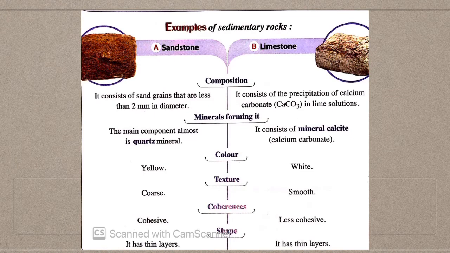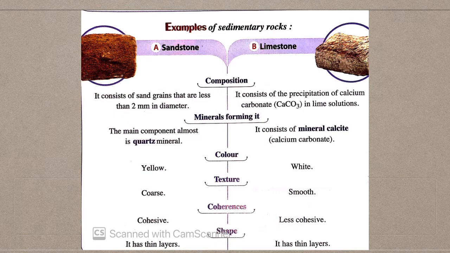There are two examples of sedimentary rocks: sandstone and limestone. Let's talk about sandstone. It consists of sand grains that are less than 2 millimeters in diameter, and the mineral forming it is quartz. The color is yellow, the texture is coarse, it is cohesive, and it has thin layers.